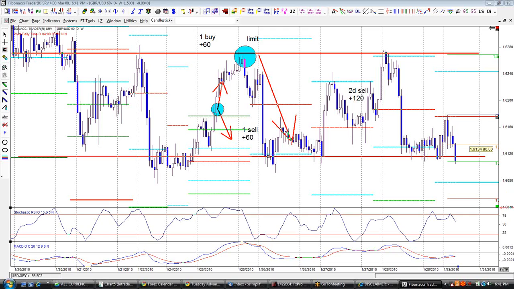The question is if hedging is effective in large consolidation. Personally, I would not do this in consolidation that's up to like 100, 150, up to 200 pips.